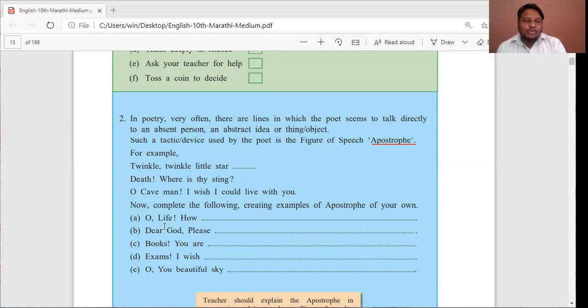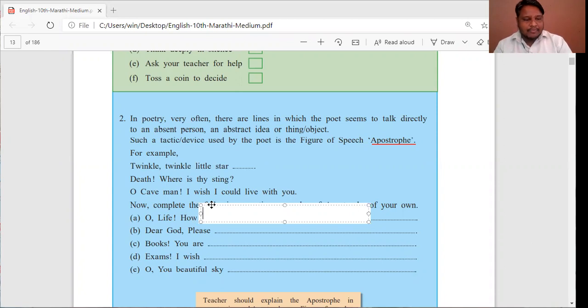So the first sentence, oh life, how, and there are only blanks. We have to complete this line. We will write, oh life, how sweet you are. This way we can complete it.